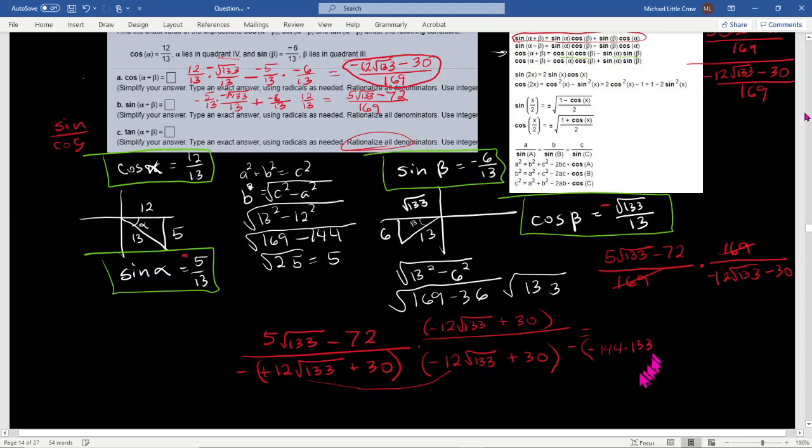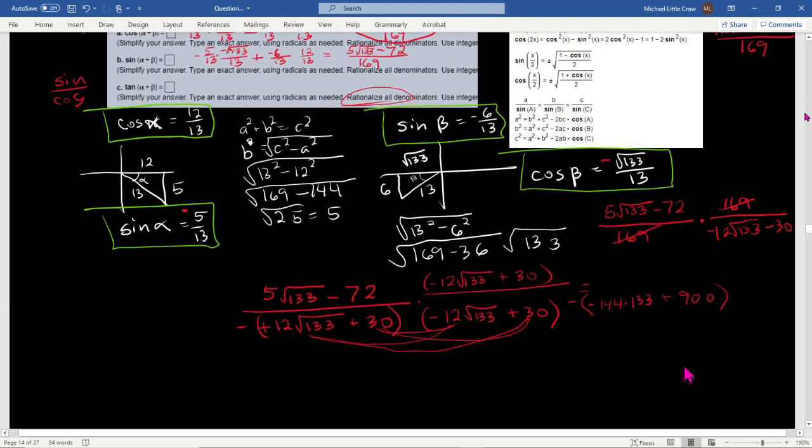Then this times a plus 30 gives a positive value. I don't care what it is, because then I get that same value as a negative, so that middle term would plus and minus out. And then 30 times 30 is 900, and that's a plus. So there's this negative, and that's the denominator.